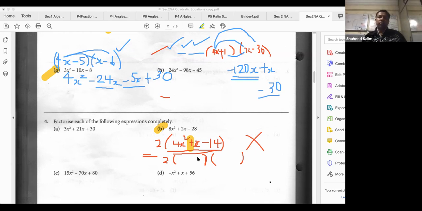3 minutes left to solve this question. Notice that questions get longer and longer now. A little bit boring to solve. You just give me 1 minute.